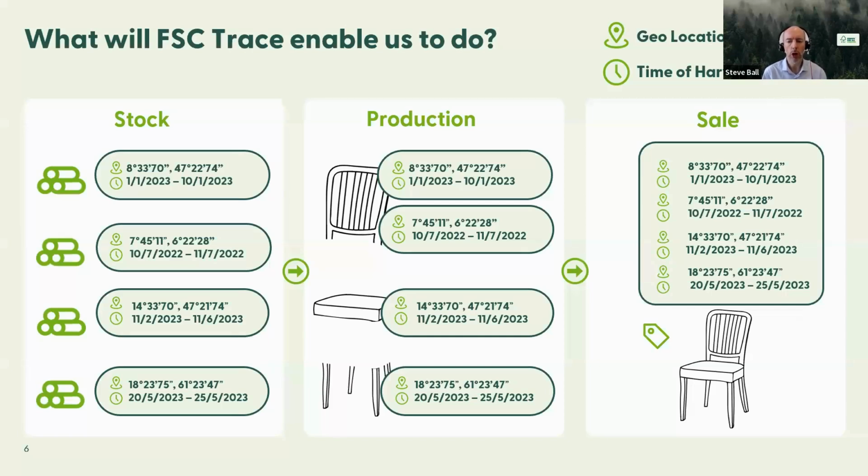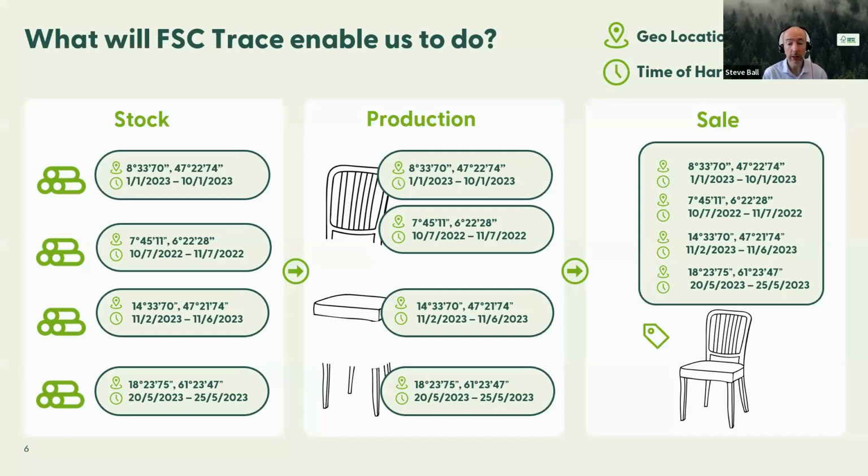And what we want to be able to know is that when that chair is placed on the European market, whether that's from a European manufacturer or imported from elsewhere, then we need to know where that chair has come from in order that you can do the due diligence necessary to ensure that chair is deforestation free and also free of forest degradation. So knowing where it comes from, that is the critical challenge.